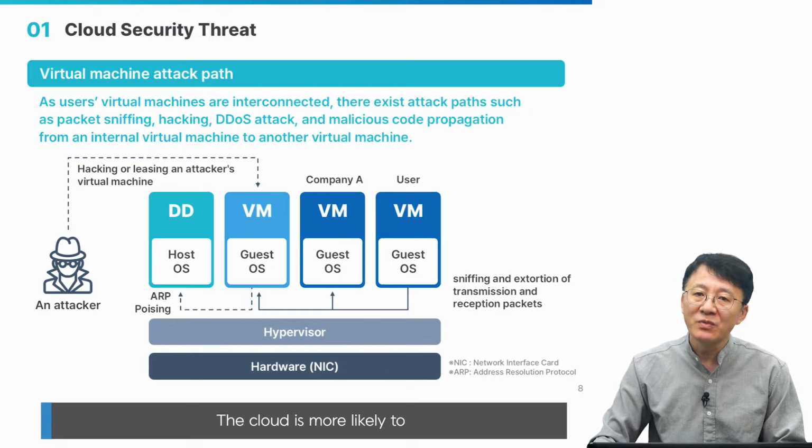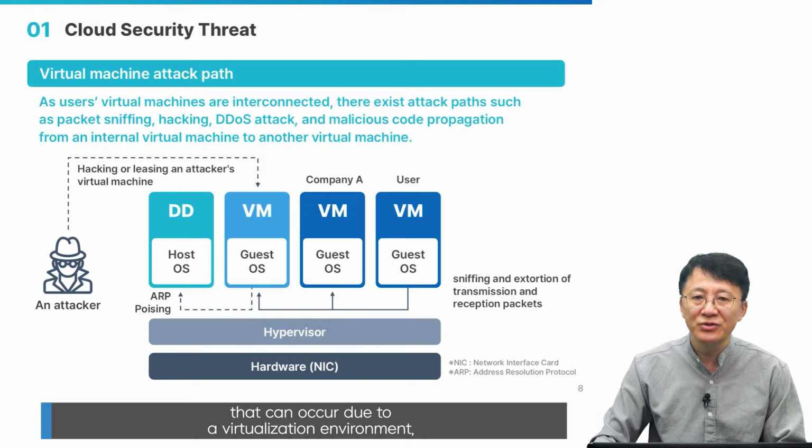The cloud is more likely to experience security issues due to virtualization. This refers to a security problem that can occur due to a virtualization environment in which virtualization makes it more difficult to defend against existing security problems or increases the ripple effect.